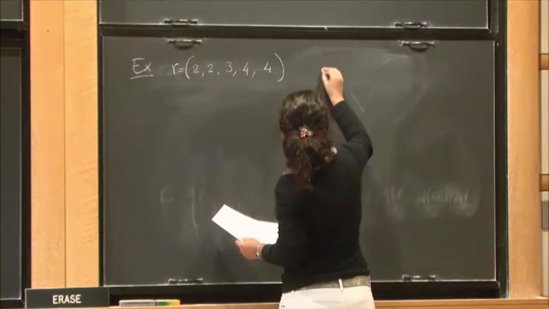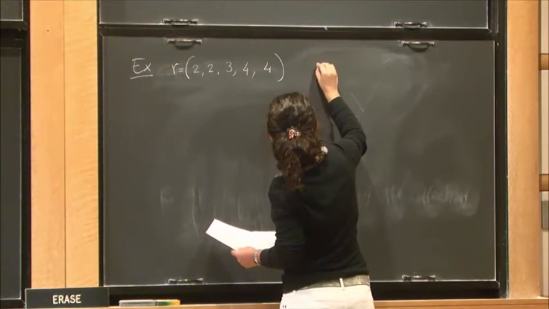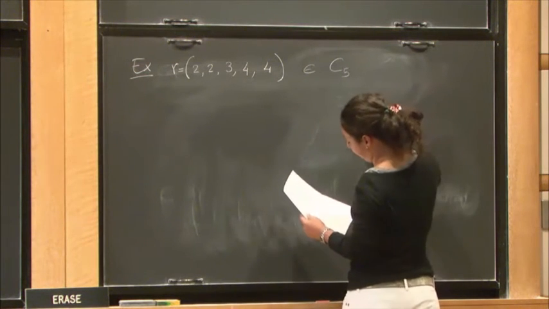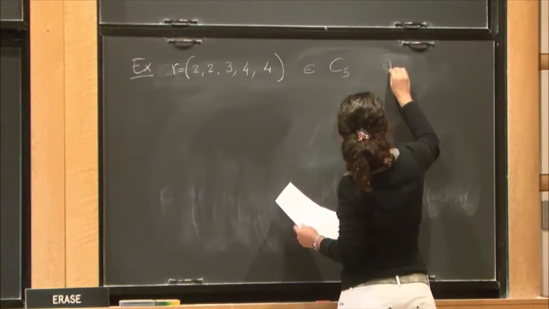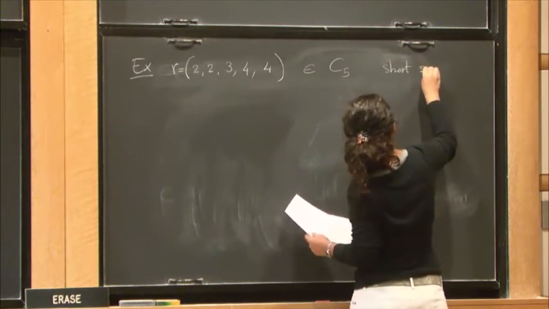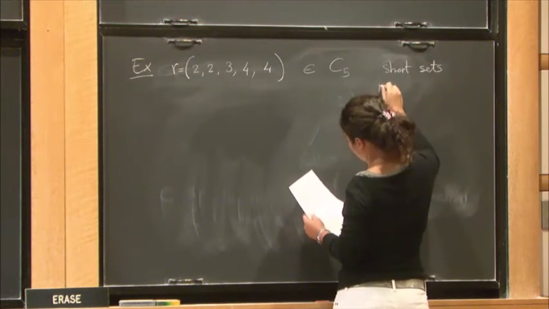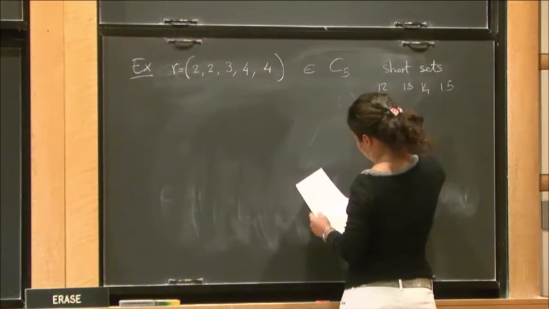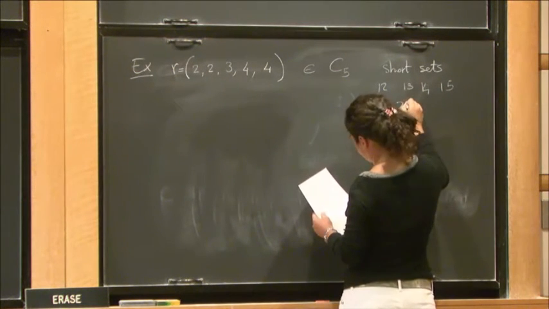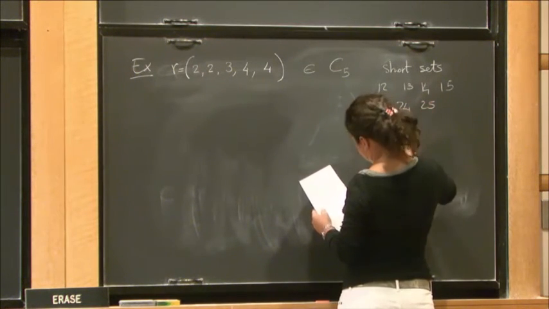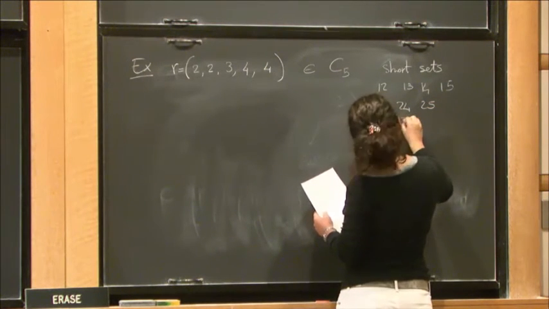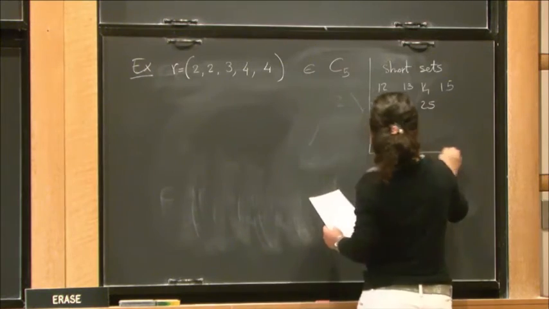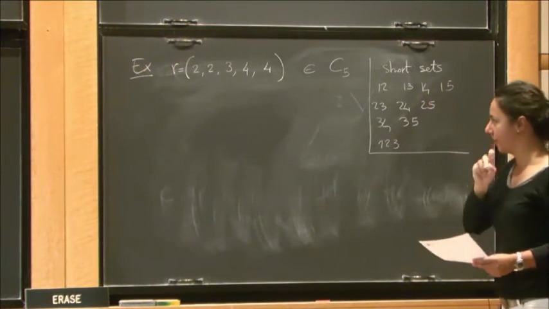And precisely, it lies in a chamber that I call C5, just because it's C5 in our paper, that is determined by the following short sets. So we have 1,2; 1,3; 1,4; 1,5; 2,3; 2,4; 2,5; 3,4; 3,5; and 1,2,3. I may need to comment on the short sets later, so I'll keep that aside.